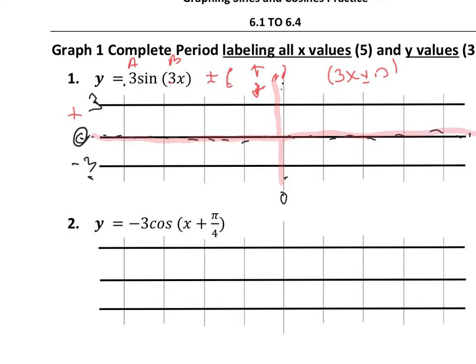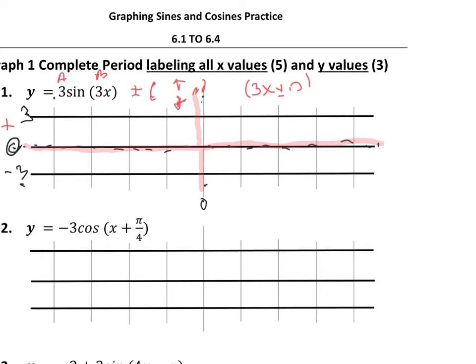Since I only need a division of 4 pieces, I can pretend to end the graph right here. Actually, I'm lying there. Let me back up. It could end there. I'm only doing one period. I'm going to end it there. I changed my mind again.